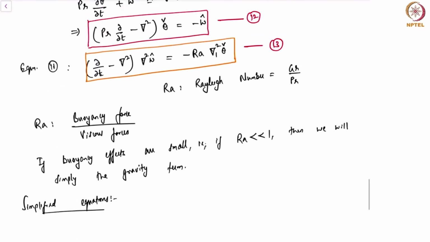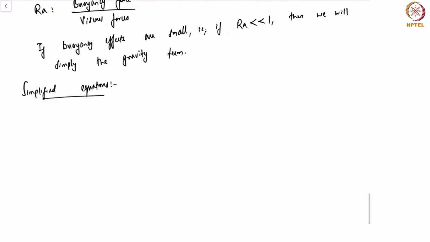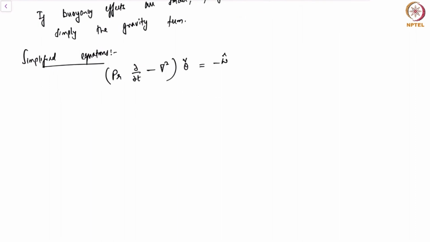The simplified equations that we have are Pr del theta hat by del t minus del square of theta hat equals w hat, and finally I have the velocity equation, del square of w hat is basically 0.